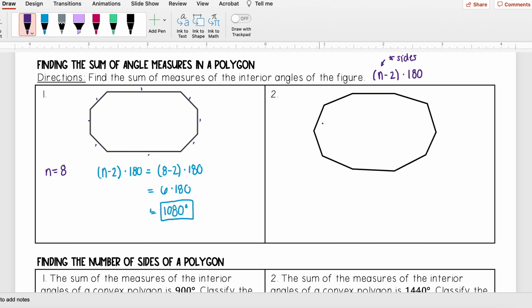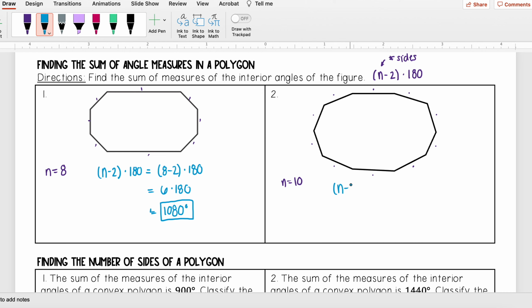Okay, now let's look at another one. So first step, I need to figure out what n is. So I'm going to count. I have 1, 2, 3, 4, 5, 6, 7, 8, 9, 10. So I have that n is equal to 10. And now I can plug that into my formula.